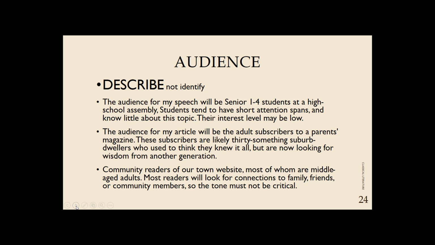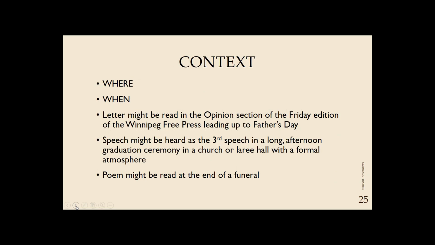These are likely 30-something suburb dwellers who used to think they knew it all but are now looking for wisdom. And the last one, the audience is community readers of our town website, most of whom are middle-aged adults. Most readers will look for connections to family, friends, or community members, so the tone must not be critical. So you want to be as specific as you can with the audience.